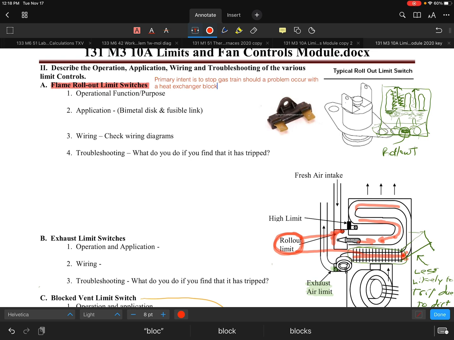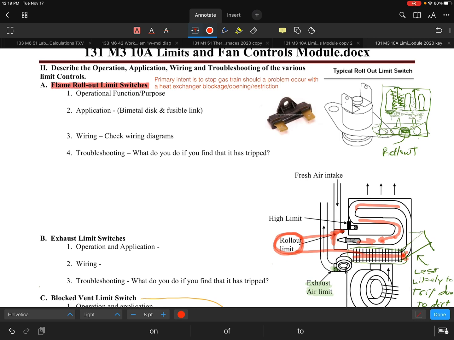With a heat exchanger, let's call it blockage, blockage slash opening slash restriction. These are all things that can cause that one to trip, which is a pretty major one.